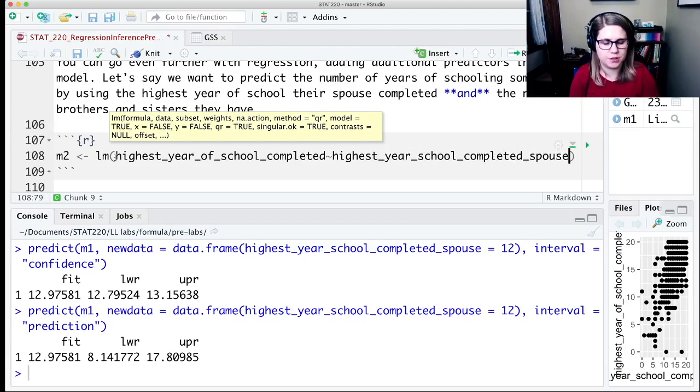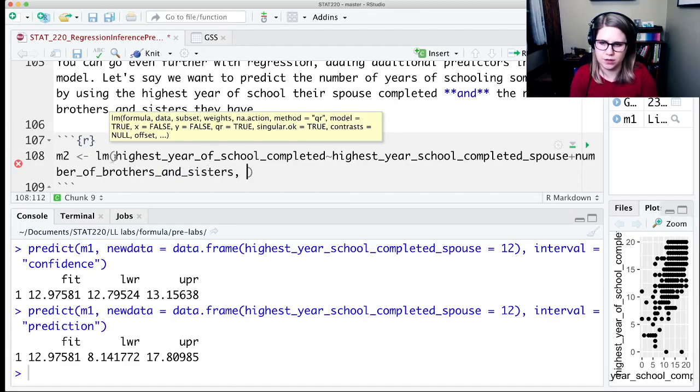So far that's just the way we had done before. But now I'm going to do a plus, and I'm going to also include a number of brothers and sisters. I think that's how the variable is written. And of course I need data equal to GSS.